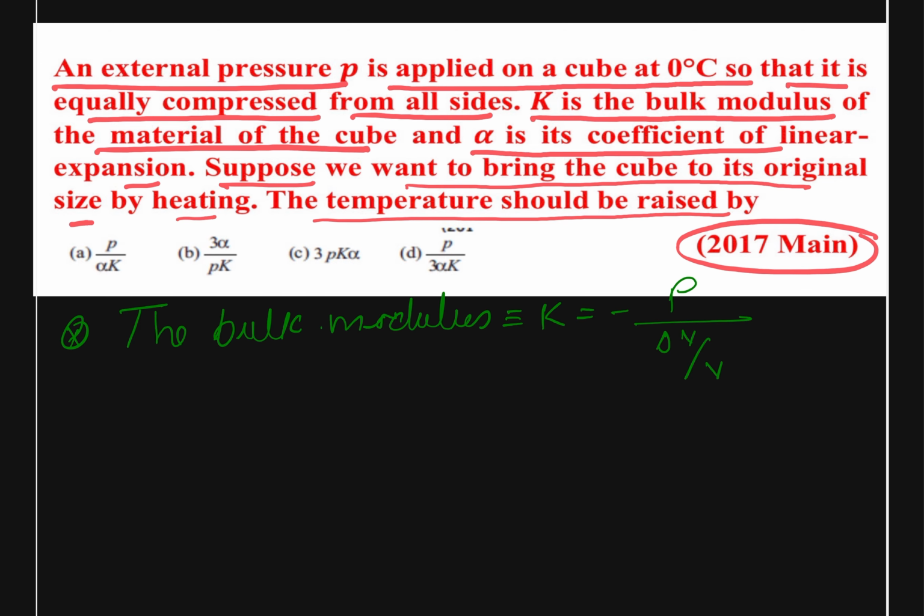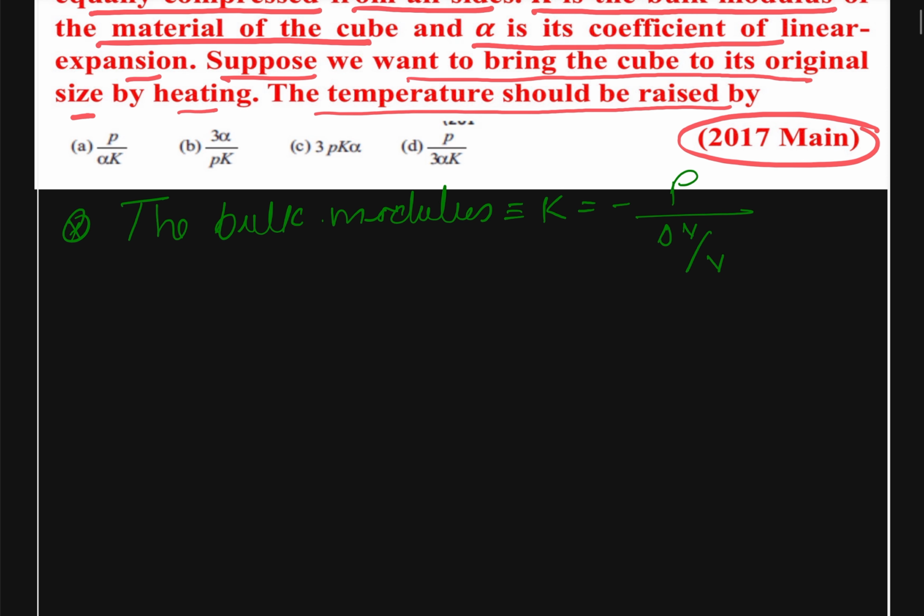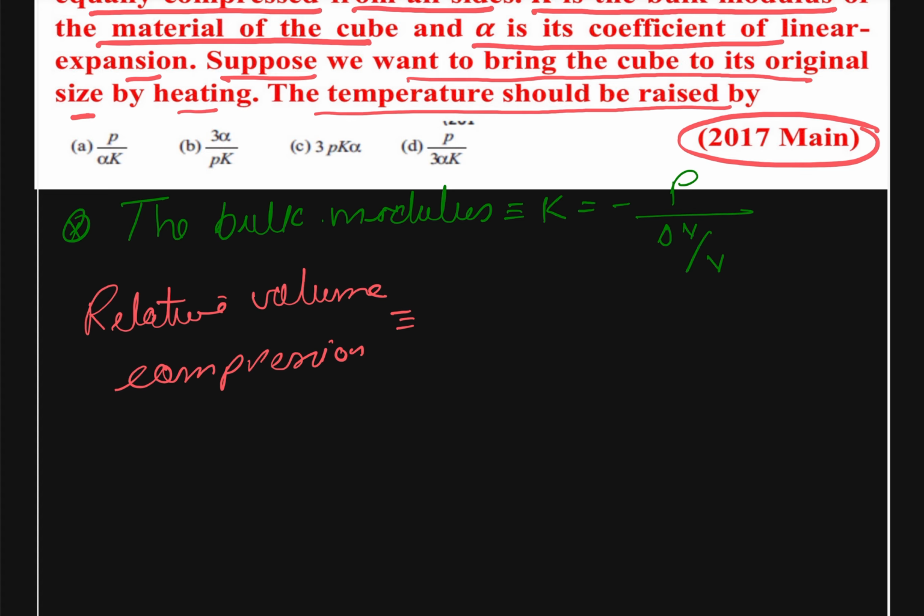Okay. Or from here we can write that relative volume compression, which is nothing but the ratio of change in volume to original volume, is equal to minus P upon K.